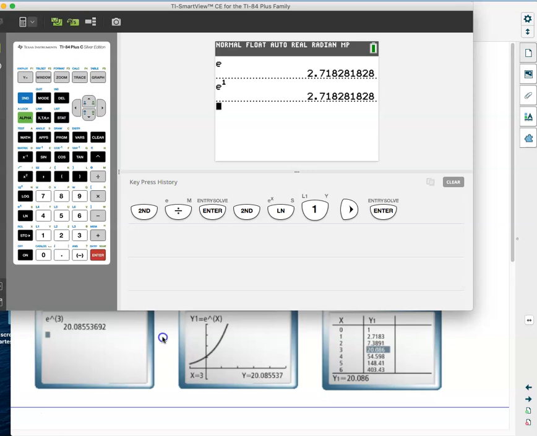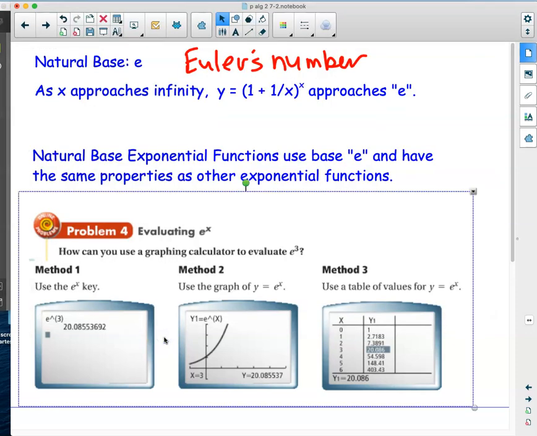So how does somebody just discover a number? Well, this came from the fact that when we have a formula, like our growth formula, y equals 1 plus 1 over x, to the x, this is actually a formula that we'll talk a lot more about tomorrow. It has to do with compounding your interest.